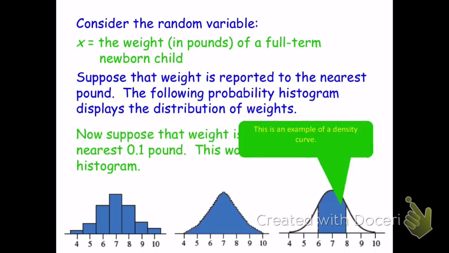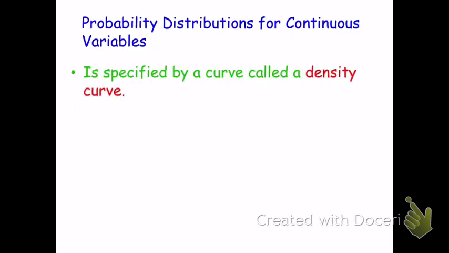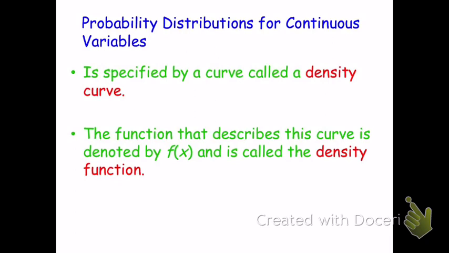We call that a density curve. The density curve really is just finding the area underneath that curve. Any continuous distribution is called a density curve, and we call that function f of x the density function.